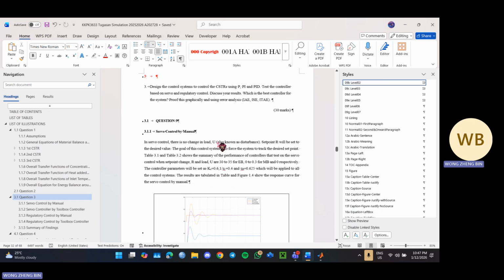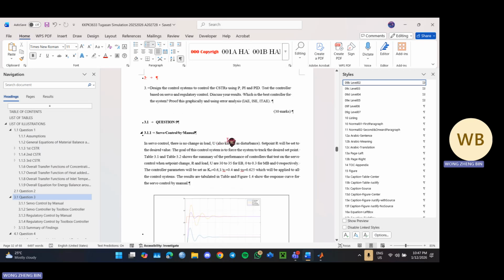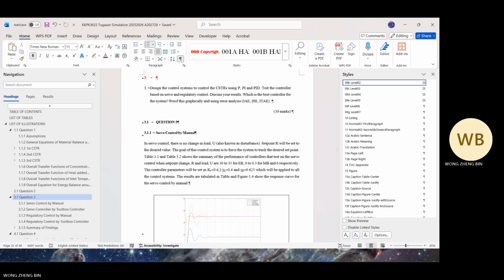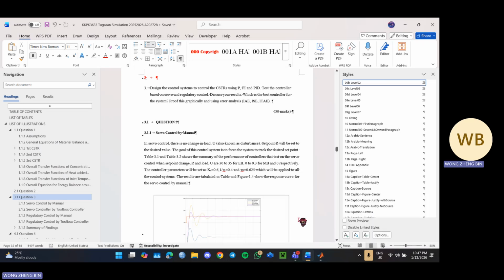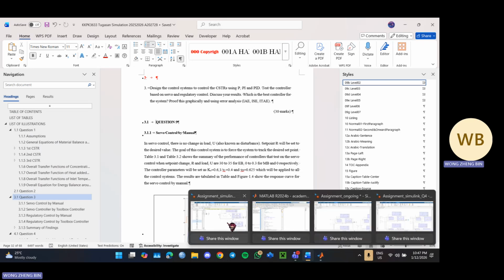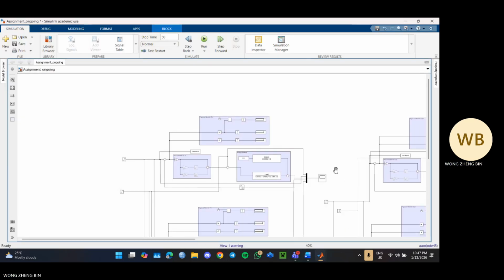So for question 3, we need to design the control system using P, PI, and PID, and then test the controller based on servo and regulatory control. So we'll be using Simulink for this case.